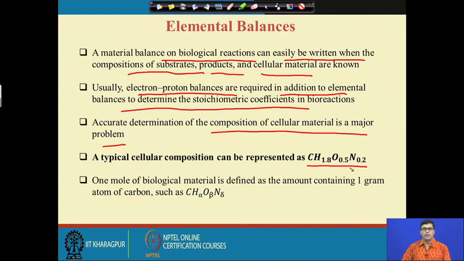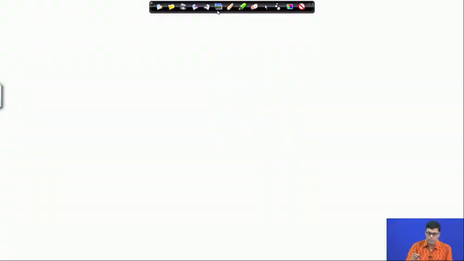It is found within 5% limitations. It gives the empirical formula of the cell mass like this. Another very important thing is that 1 mole of biological material is defined as 1 gram atom of carbon, that is CHαOβNδ.